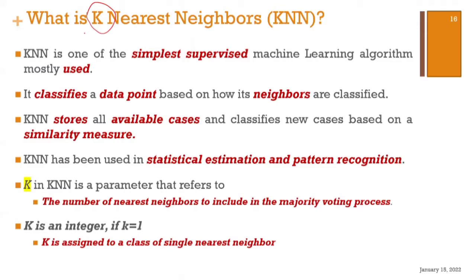If we choose K to be 5, for example, and the person is closer to 3 who have chronic kidney disease, and the other 2 are non-chronic disease, then because of majority voting we classify such a sample as a chronic disease patient. That is why the value of K is very important.